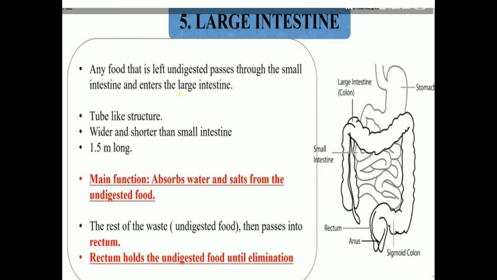After the food is completely digested in the small intestine, the undigested food passes into the large intestine. There, water and salts are absorbed, and the rest of the food passes into the rectum. The rectum holds the undigested food until it is eliminated. Alright, let's move forward.